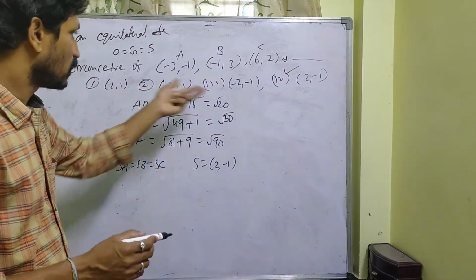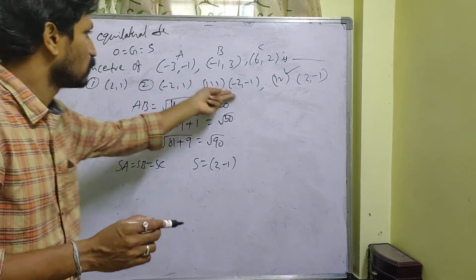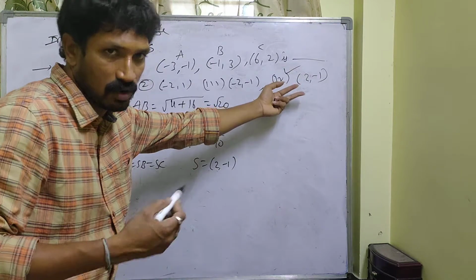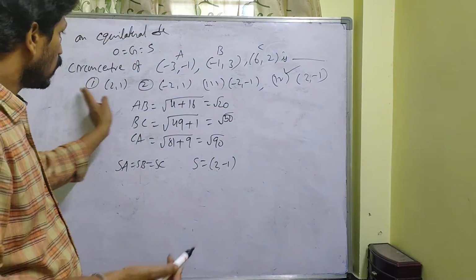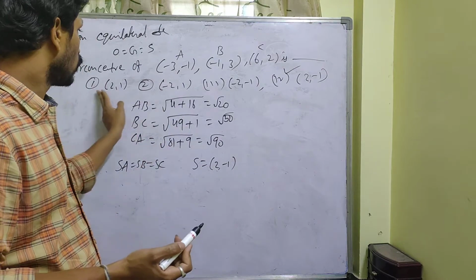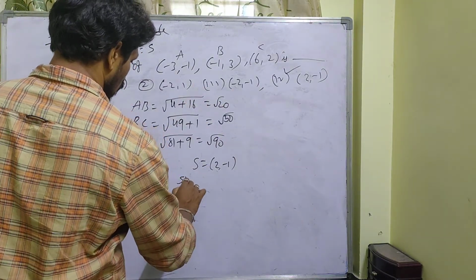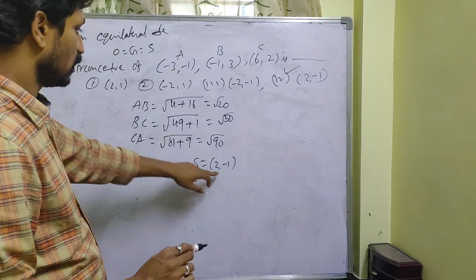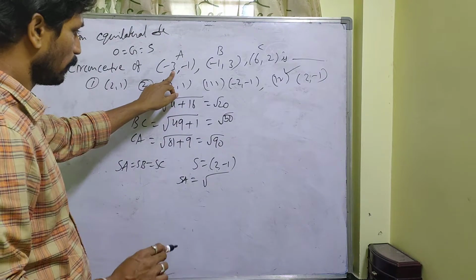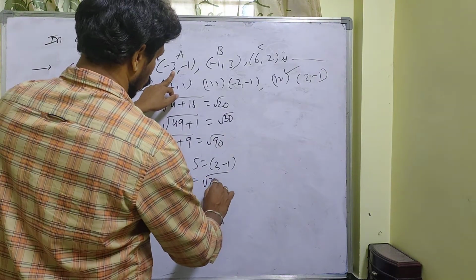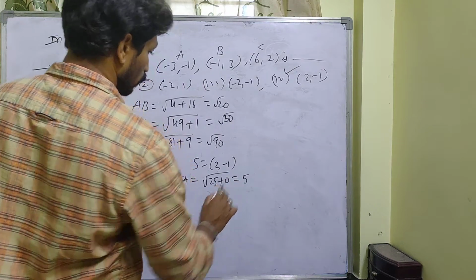Otherwise it takes much time, since we have to check for each point. Since I already worked it out, take this one directly. If you don't know, then go directly for verification one by one. See SA, with A here and S here: (2 plus 3) whole square, 5 square, 25, plus (minus 1 plus 1), that is equal to 5 only.